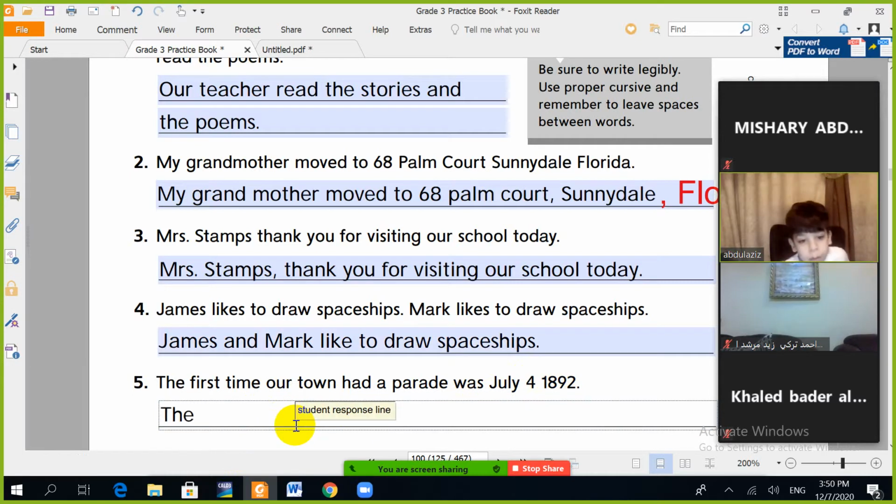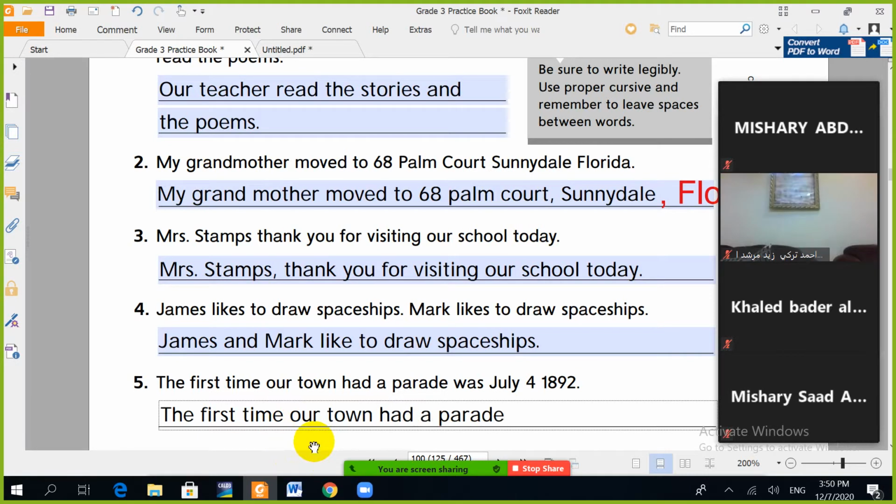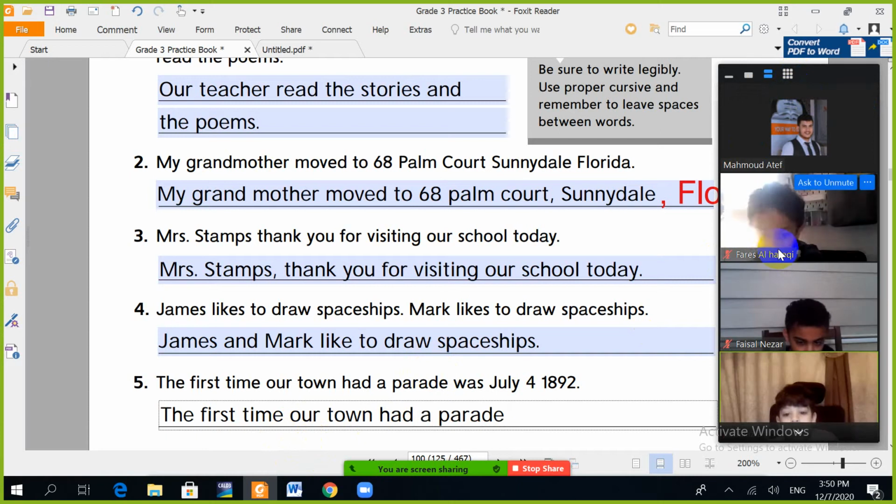Here we write: the first time our town had a parade was July 4. After 4 we have to put a comma.